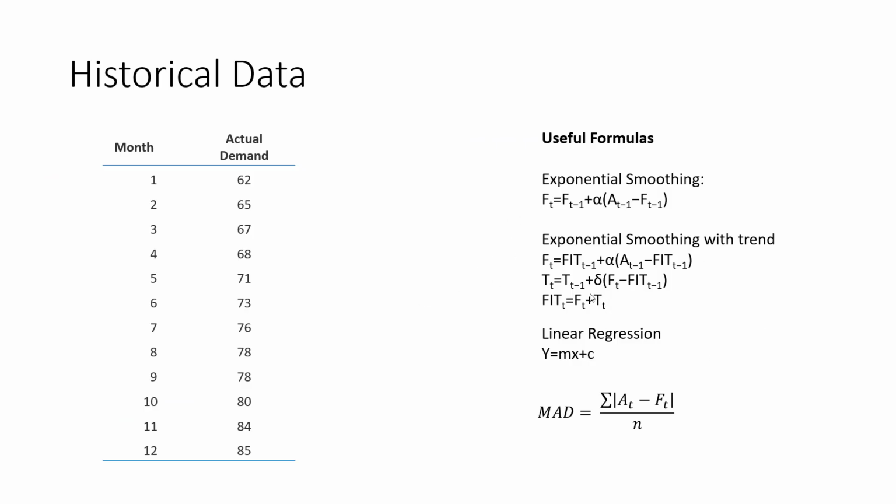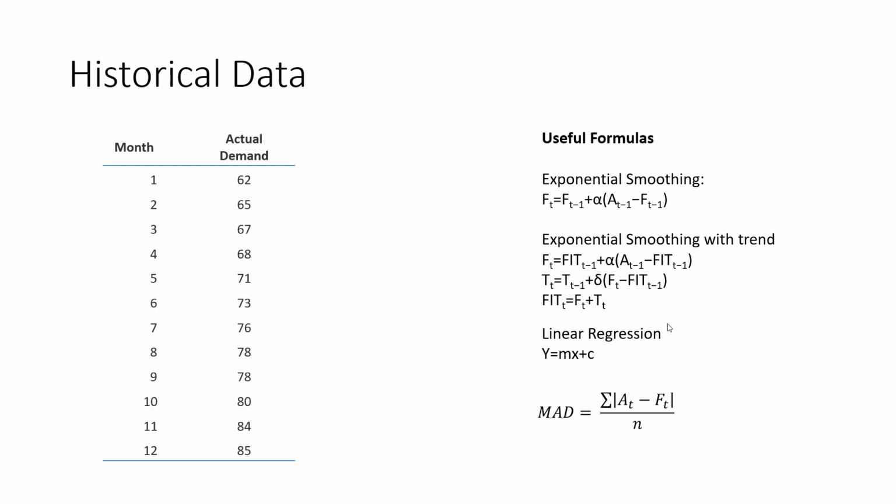If you look at this second set of equations, exponential smoothing with trend, FITt, the forecast including trend of period t, equals F(t-1) plus alpha times (actual(t-1) minus FIT(t-1)). Here FIT means forecast including trend.